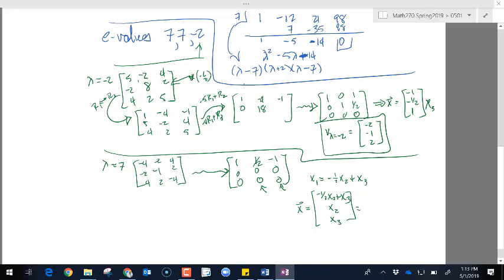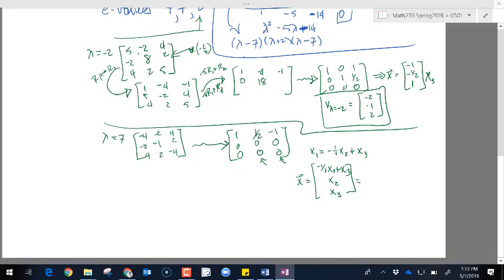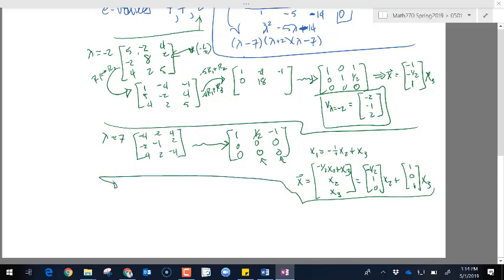That breaks up into (-1/2, 1, 0) times x2 plus (-1/2, 0, 1) times x3. So that's good. The eigenspace for lambda equals 7 is two-dimensional, and the basis for that would be these two.